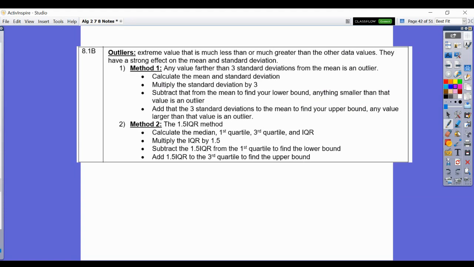All right, the next thing we're going to talk about here is outliers. So you may have talked about outliers when you first learned about statistics a little bit, and that's a number that just doesn't really fit in the data. So if we're all measuring something like a phone and we measure in inches and we say, okay, my phone is 5 inches tall, and somebody comes up with the answer of 50, right?